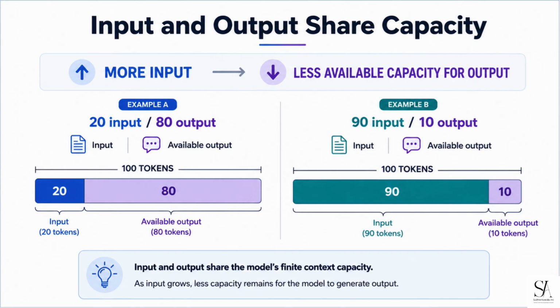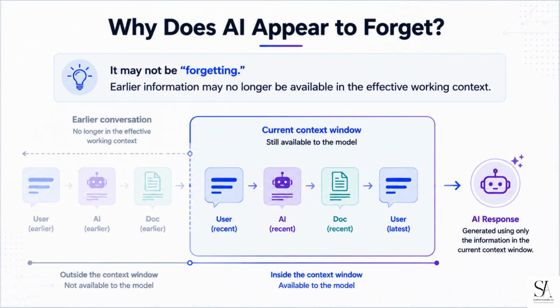Other settings control the range of tokens from which the system can choose. Top K restricts selection to a specified number of the highest probability candidates. If top K were set to 3, for example, the system would sample only from the 3 most probable possibilities. Top P, sometimes called nucleus sampling, works differently.